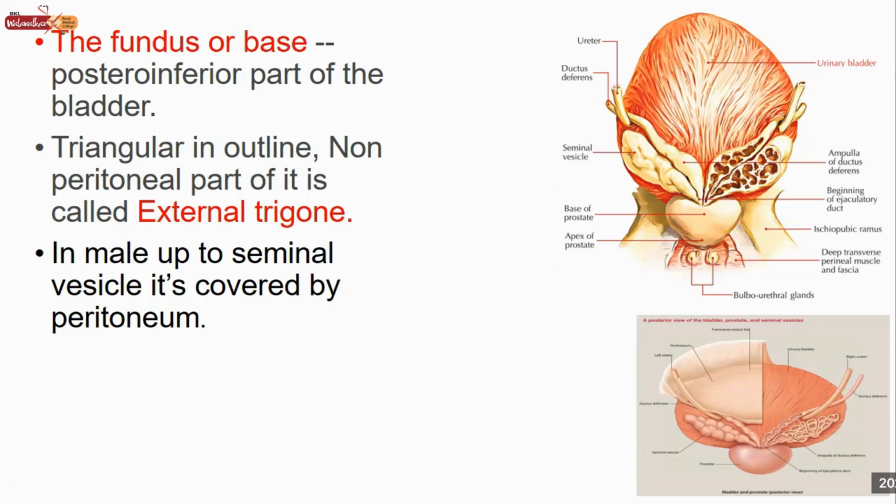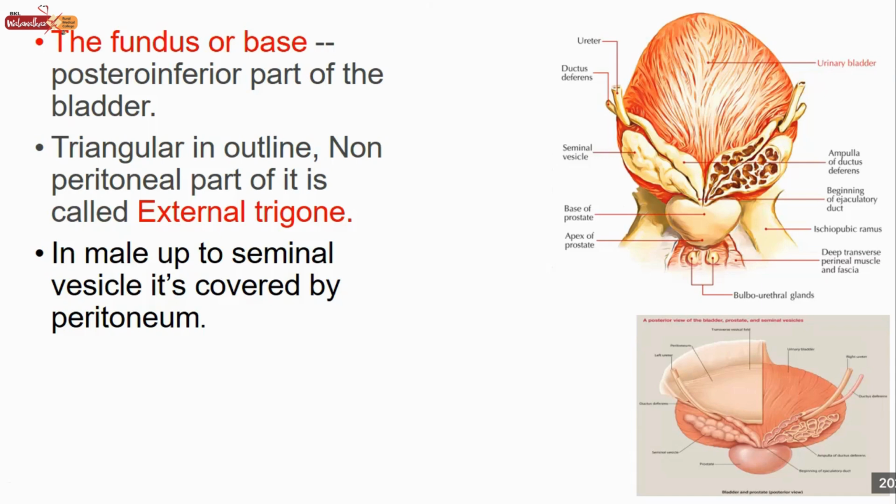In the male, the upper part of the posterior aspect up to the seminal vesicle is covered by the peritoneum, and the lower part is related with the seminal vesicles and the ampulla of the ductus or vas. The vas is medial and the seminal vesicle is lateral.